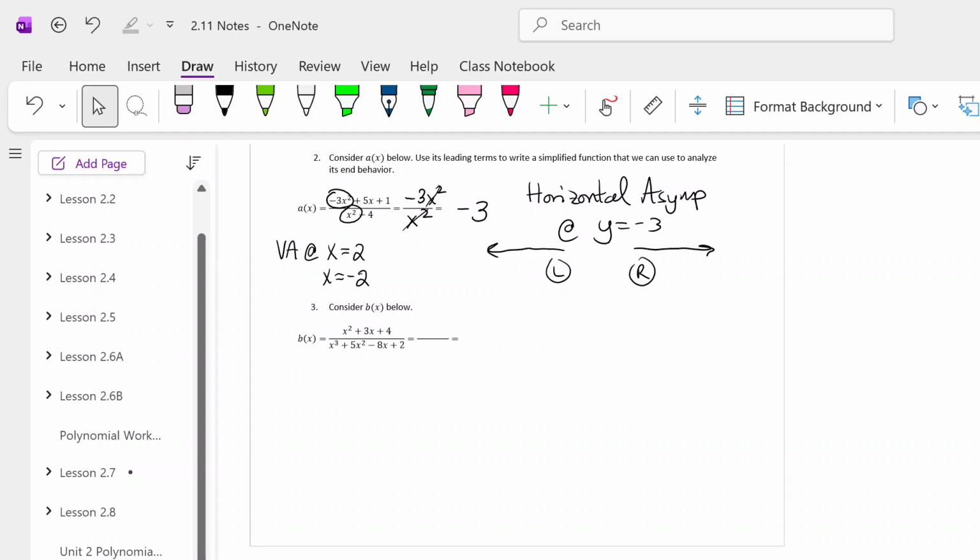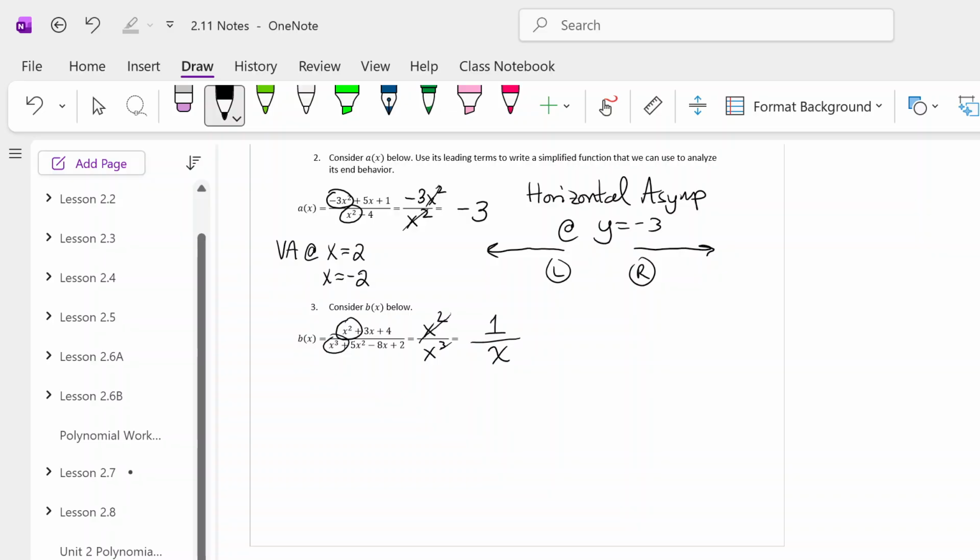In b of x, we focus on x squared as our leading term on top and x cubed as our leading term on the bottom. Two of these x's cancel, which leaves a 1 on top, and the denominator still has one x left over, so we have 1 over x. Now we're thinking, where is this end behavior going to be?